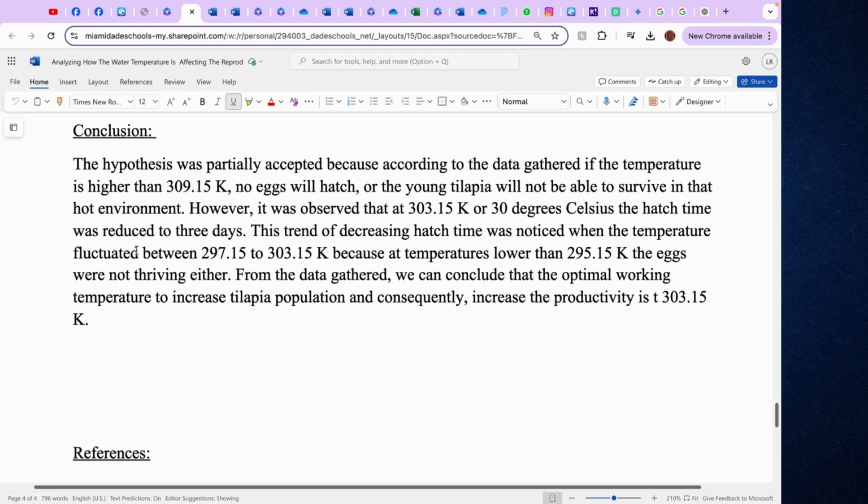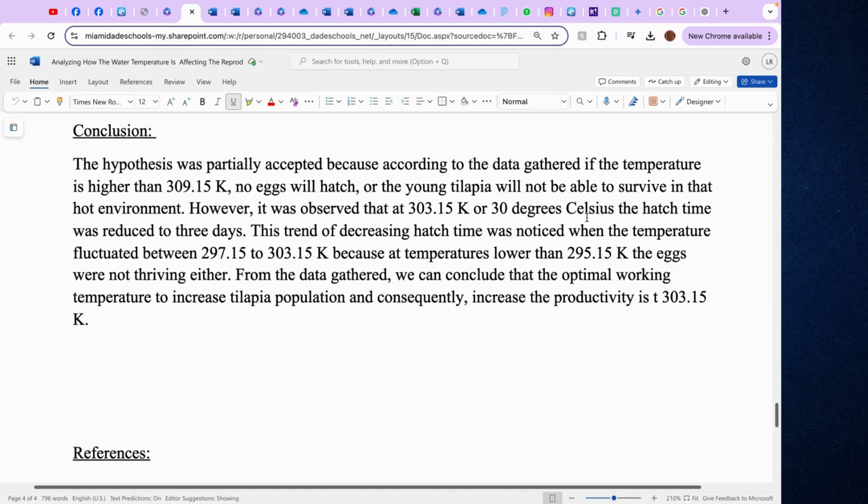It's like a range in there, okay? And then I explain over here that at temperatures lower than 22 degrees Celsius or 295.15 Kelvin, nothing was happening either. So it's not good to use a temperature lower than that. I was explaining all of that here.